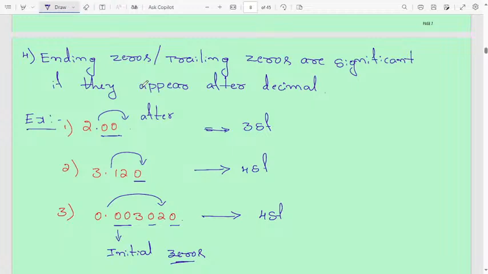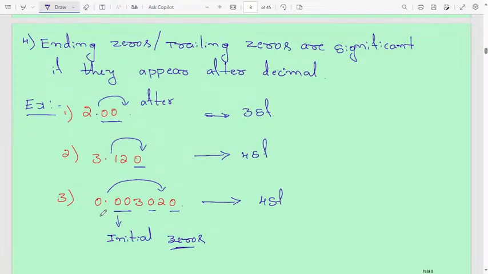Ending zeros after the decimal we can consider as significant figures. Here, this is the initial zeros. 1 2 3, these three. This zero is after the decimal, but here the initial zero is there. This one we can consider as an initial zero.